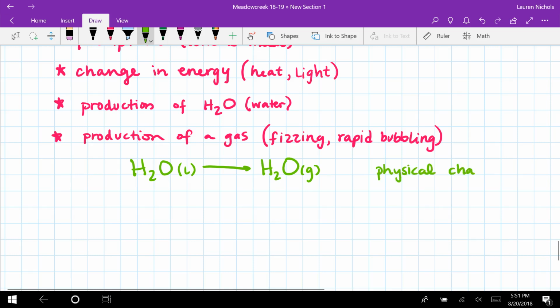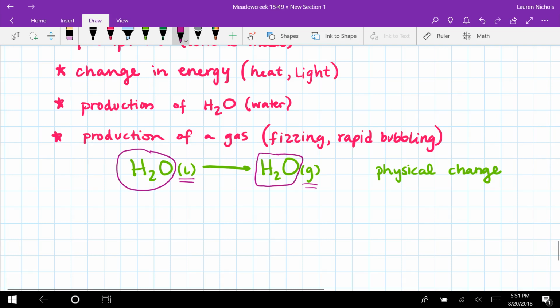Now, the reason why we know it is a physical change and not a chemical one is there is a change, right? I go from liquid to gas. Something has changed. However, the identity of water, H2O, has remained the same.